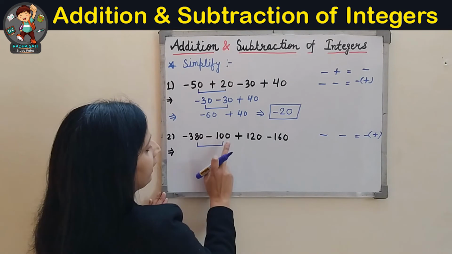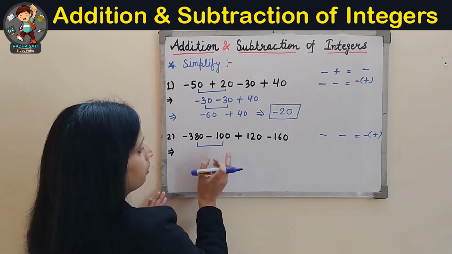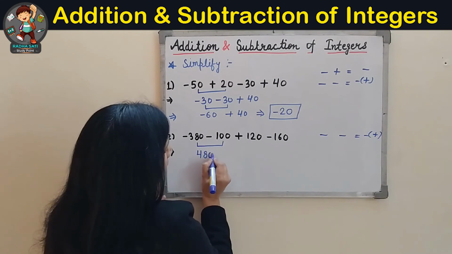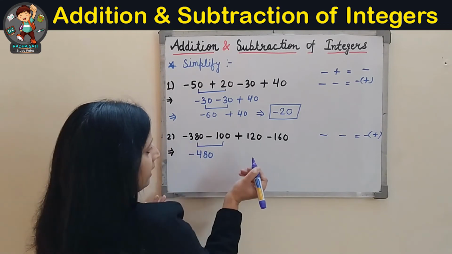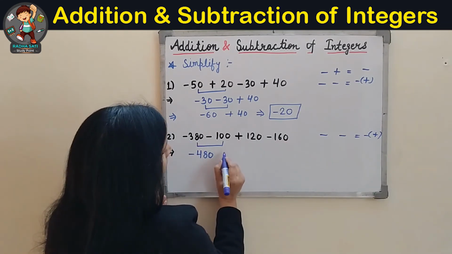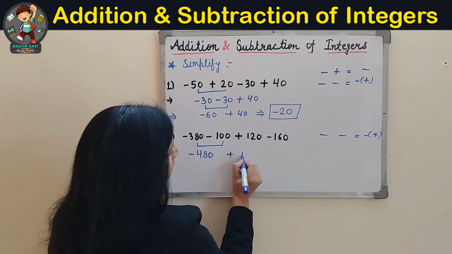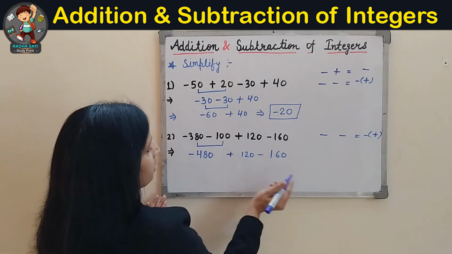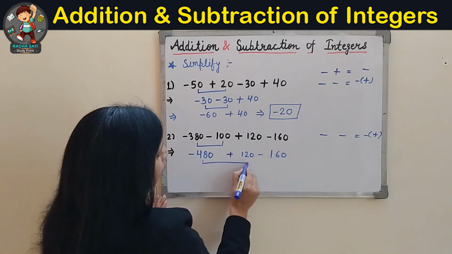So minus 380 minus 100. When we add these two, we will get 480 and the sign will be of minus. Then write these two numbers as it is. Plus 120 minus 160.